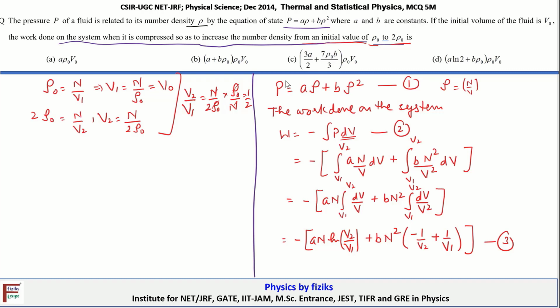So therefore equation 3 reduces to W is given by minus A n ln 1 by 2, which is A n ln 2, plus B n square, and here I am writing 1 upon V1 first, so 1 upon V1 minus 1 upon V2.